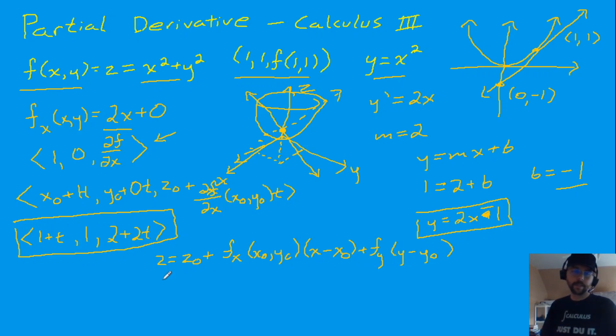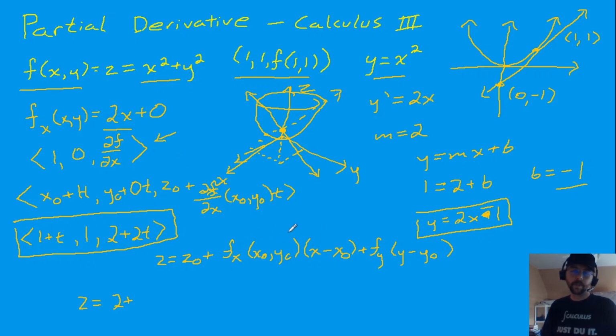When we plug in all this, this will tell us the tangent plane. So let's do that. Z equals z0, which was 2, plus the partial, which we just used over here. It was 2. Partial with respect to x, then plug in x and y, which there's no y value. We'll plug in x, it's 1. 2 times 1 is 2.